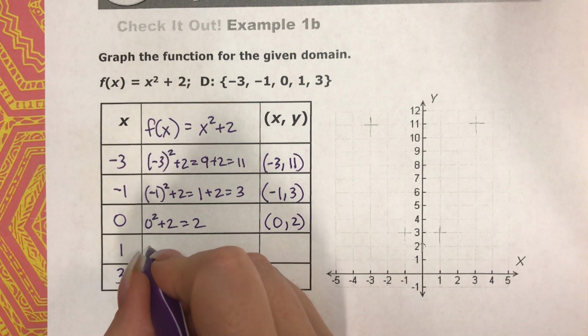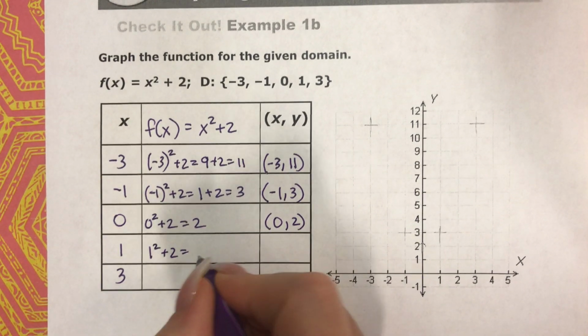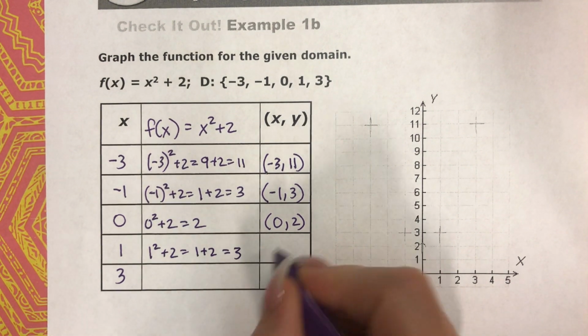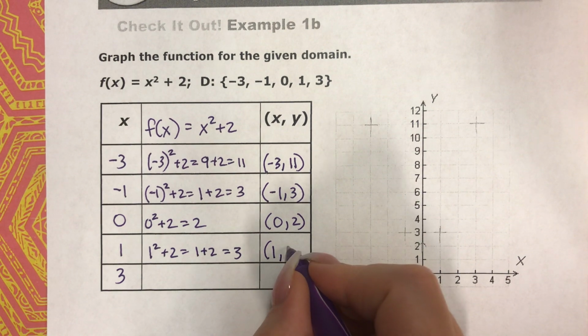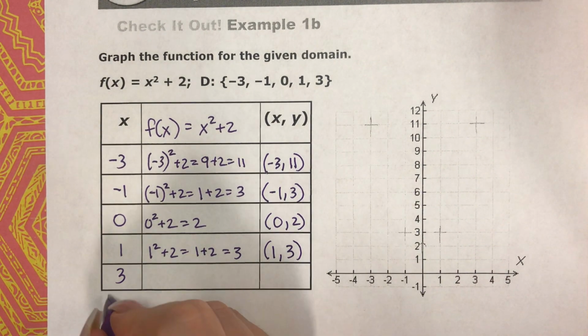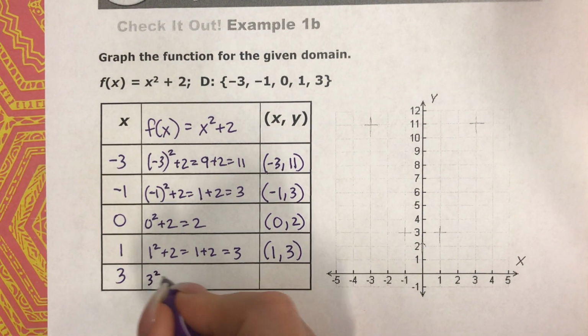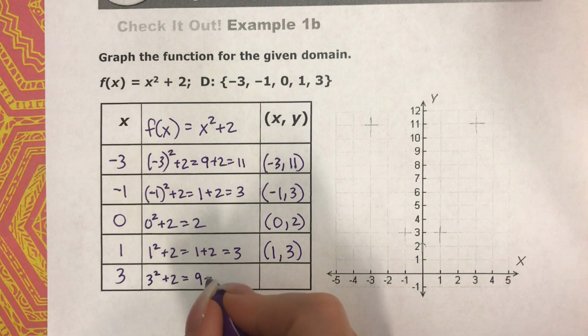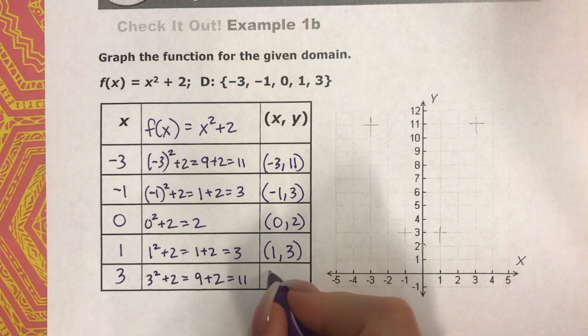And then we're on to this x value. 1 squared is 1 times 1, which is 1. Plus 2, so it's 3. So we have this ordered pair. And then finally, we have 3 squared plus 2. 3 squared is 3 times 3, which is 9, plus 2, which gives us 11.